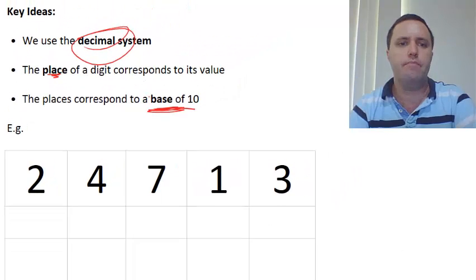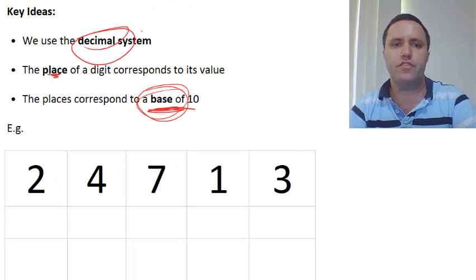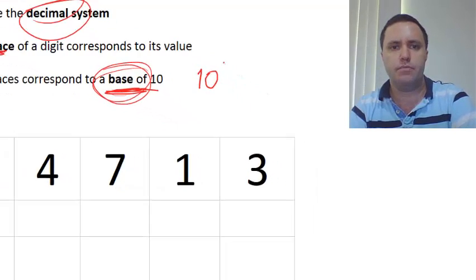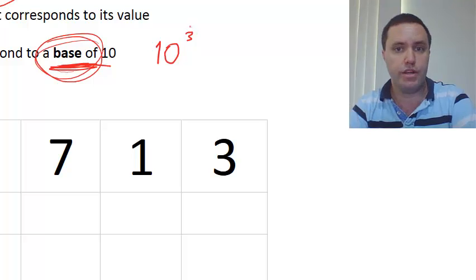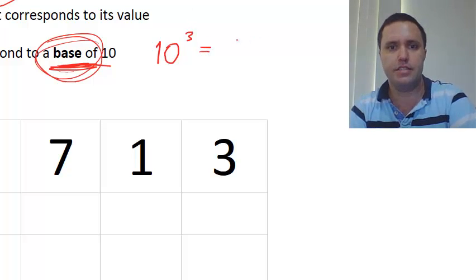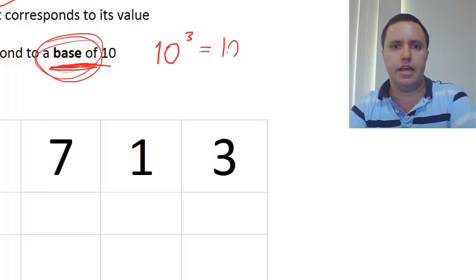A base of 10 means, for instance, you might have seen things with powers, we'll be looking at them later on, but let's say that you had 10 raised to the power of 3. Some of you might already know that that is the same thing as 10 times 10 times 10.